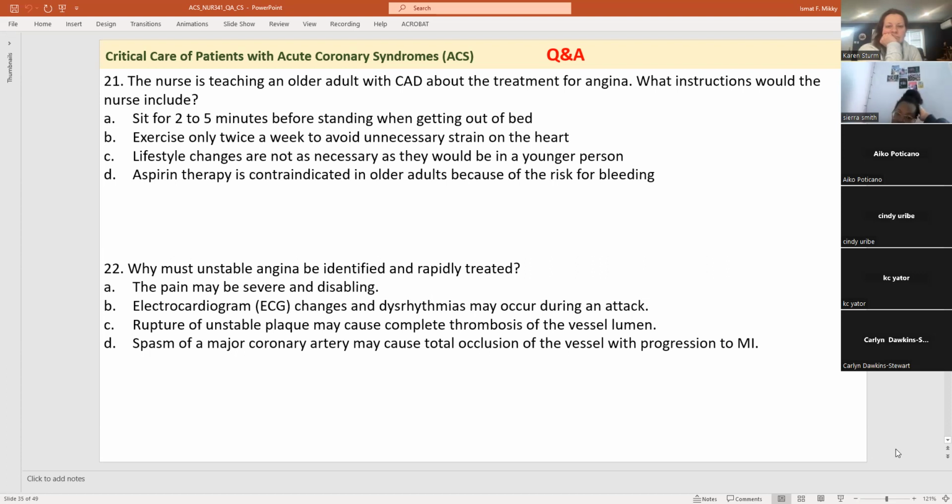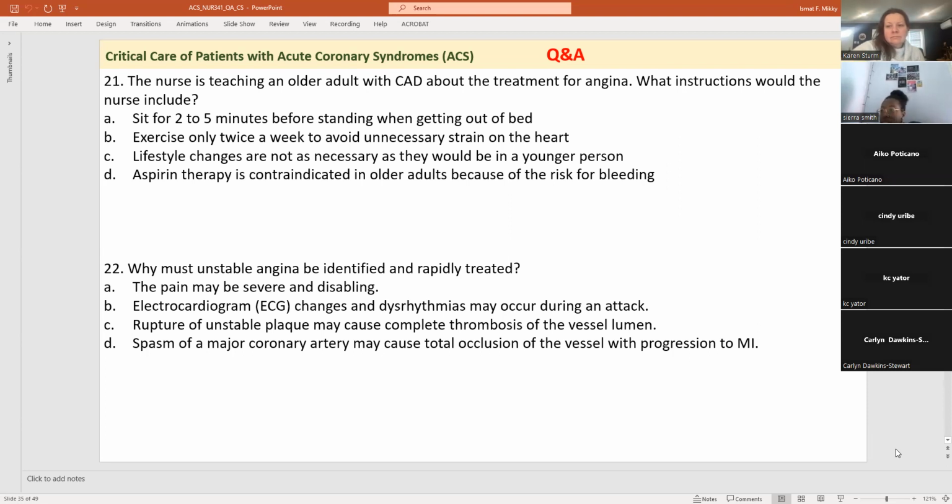Why must unstable angina be identified and rapidly treated? Is it D? The spasm. Remember we said that the transmittal angina, that's the spasm.